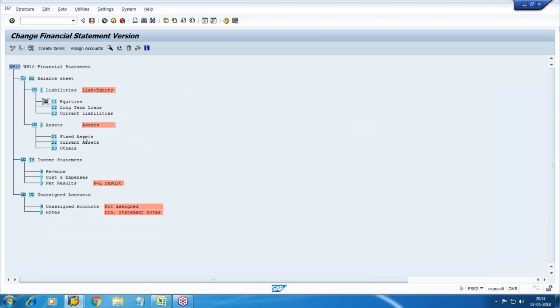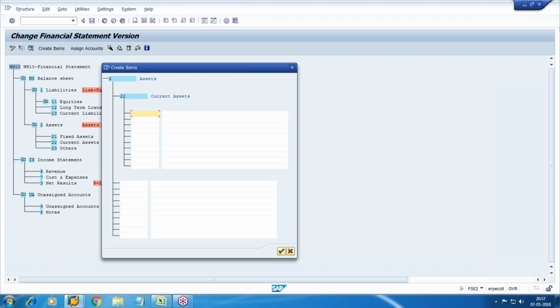Okay, now let's expand the current asset. So under current asset, select create items. So this one 2 double 2 1. So in current asset you have cash and cash equivalent, then receivables, stock, then prepaid expense if any.